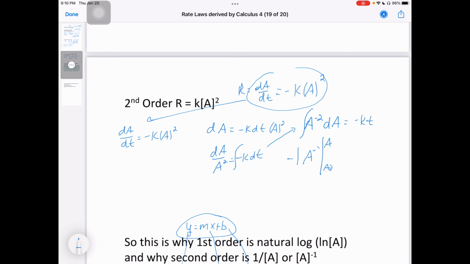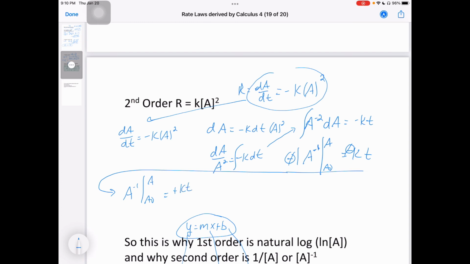Now, what does all that mean? It means I'm going to take this number minus this number, but it's already a negative, isn't it? So I'm going to take these two negatives and cancel them. So I'm going to have a positive kt now, aren't I? This was not the most well designed. Let me show my work over here. Okay, so I've got A to the -1 evaluated from A0 to A equals positive kt.